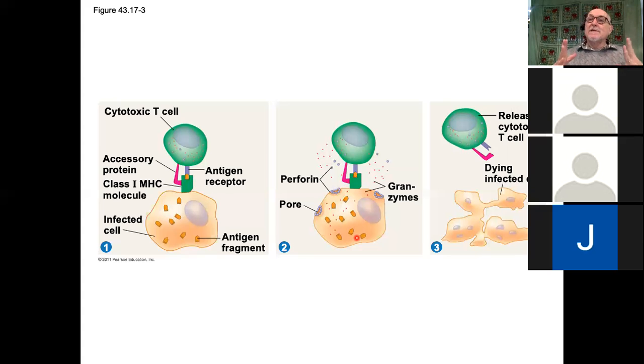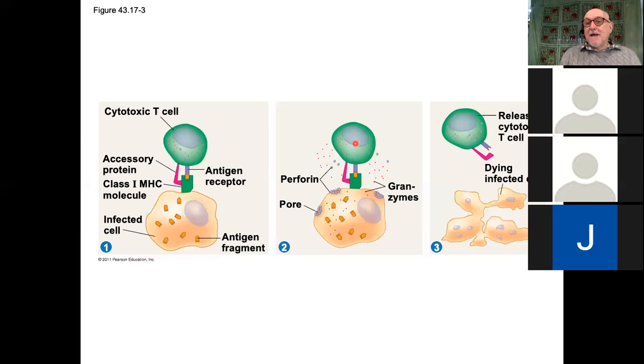Apoptosis is a Greek word which refers to the falling of leaves in autumn. When the trees shed their leaves, that was called apoptosis. And it's a very good analogy, because the cells that the cytotoxic T cell kills just wither away and then fall off, just are shed.